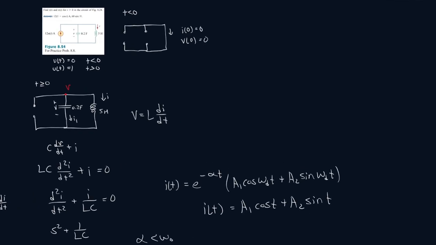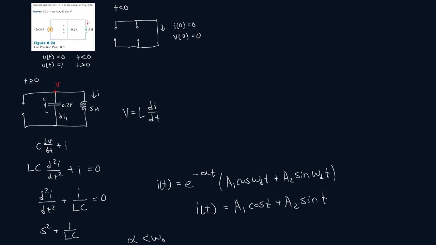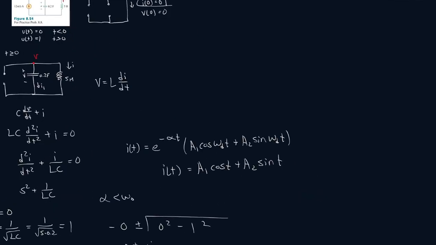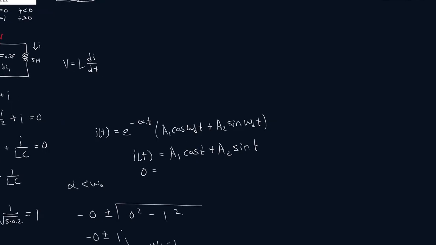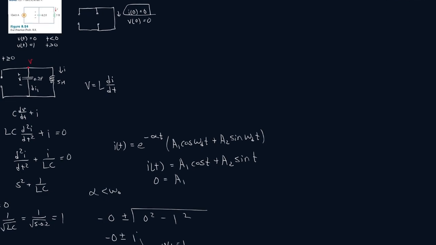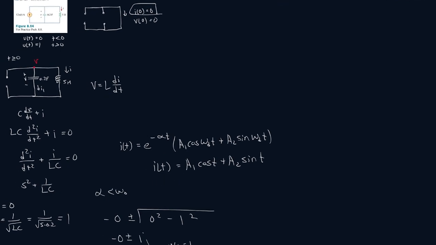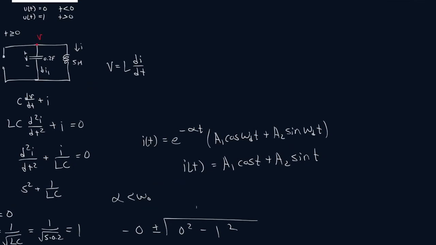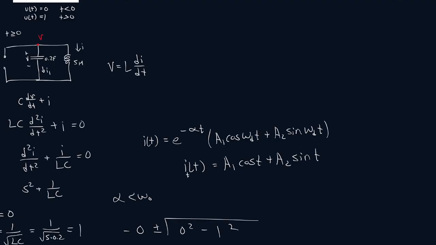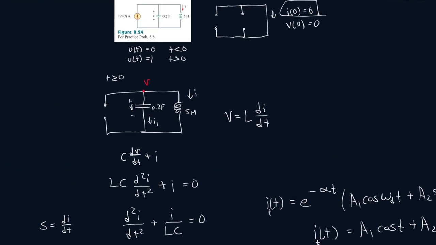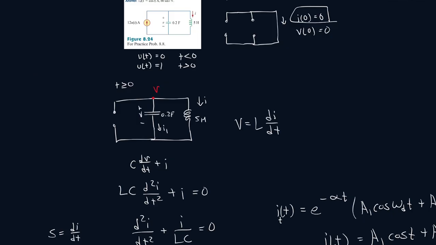So recall when t was 0, our current was 0. A1 is just, wait, sorry, not yet, I made a mistake. My apologies. This is your transient current, because recall we are ignoring the current source.